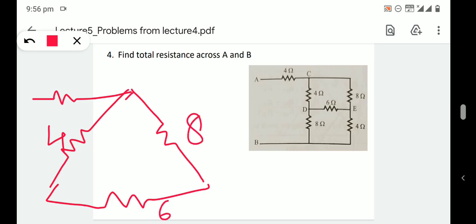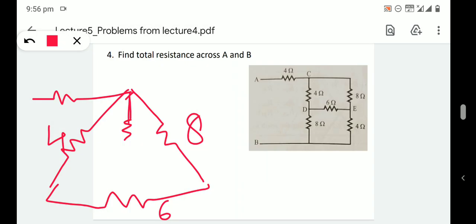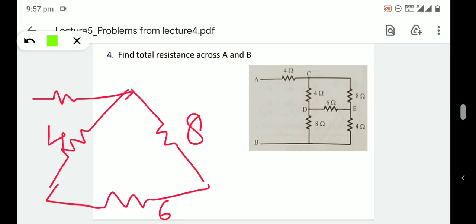So if we are converting this delta to star, this circuit becomes, here one resistance will come, here there will be a resistance, here there will be another, here there will be another.